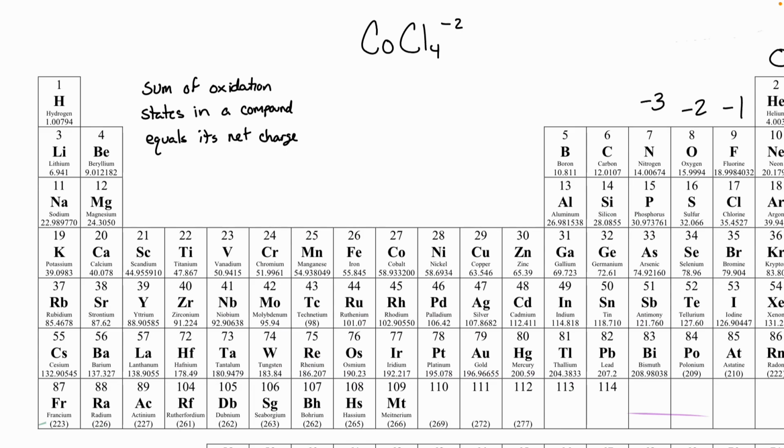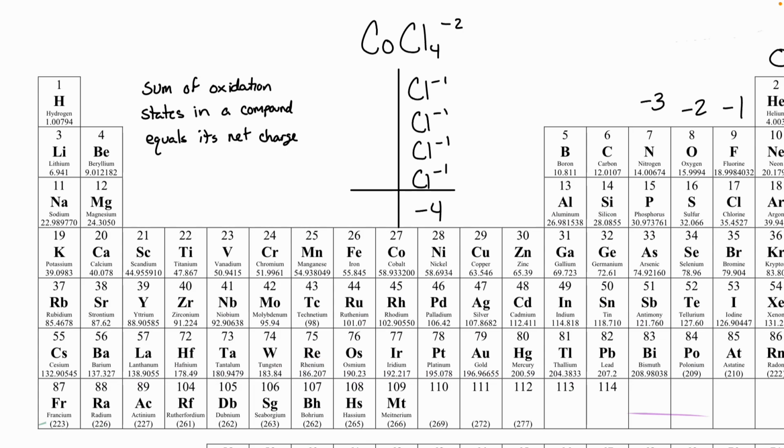All right, so I have, again, the cobalt could be anything. I got to figure that out from the formula. But what I do know is the chloride, right? What's the charge on that chloride? -1. And I got 4 of them. So they're all going to add up to a total amount of negative charge of -4.